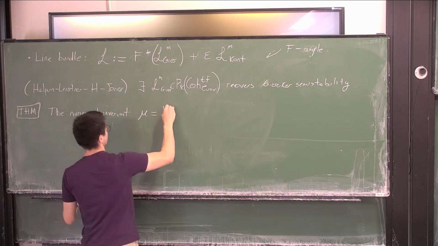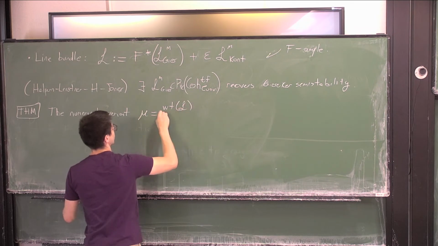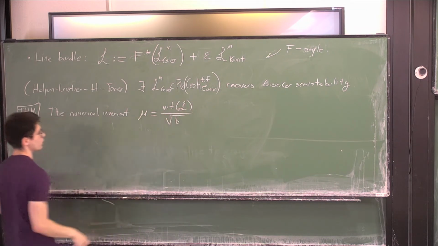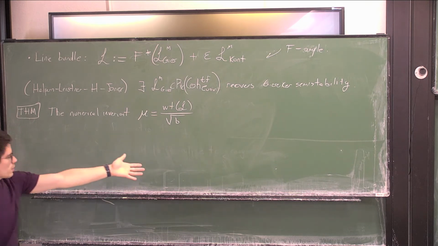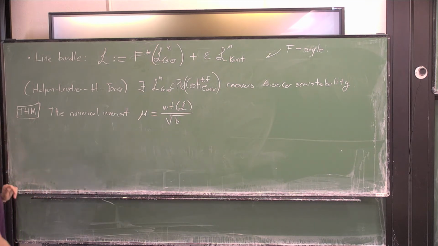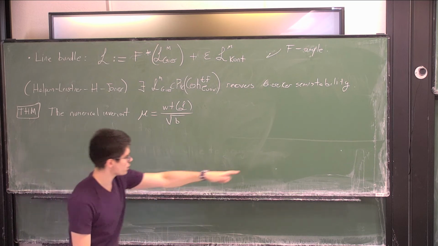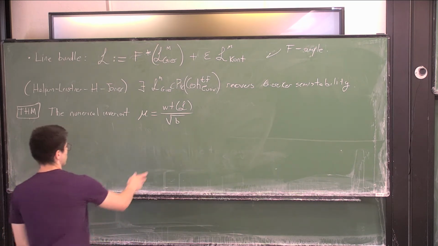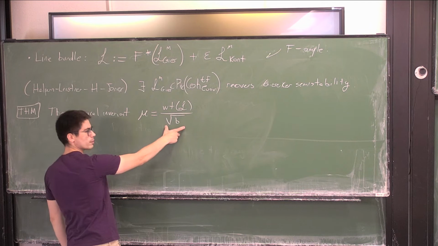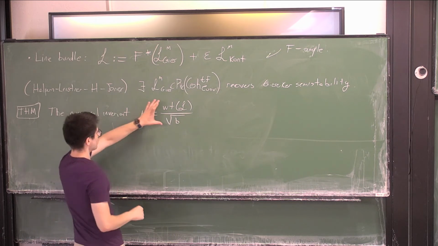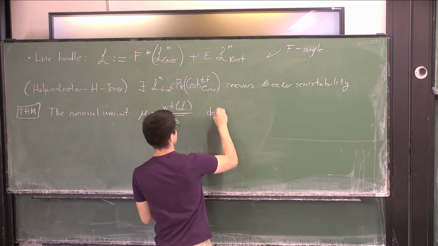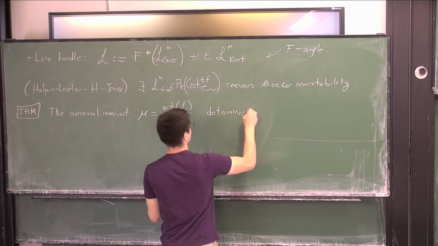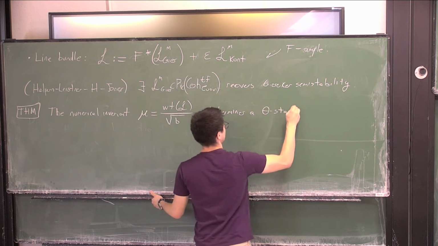And then the next theorem, which is, I guess, the main theorem, is the numerical invariant mu, where you take the weight of this line bundle and you divide by kind of like a norm. You can use the same norm pretty much. It's using ranks of a filtration of the vector bundle in some sense. You need to prove that, but really it's a filtration of the torsion free sheaf. And you can use the ranks to build some kind of quadratic form, like in the lectures. So you can define this numerical invariant. The most important part is the line bundle, and this determines a theta stratification.